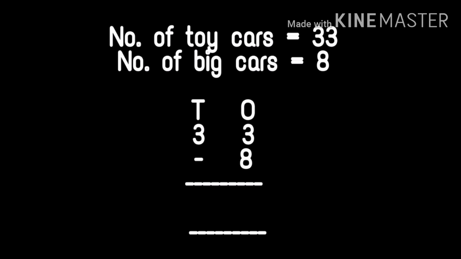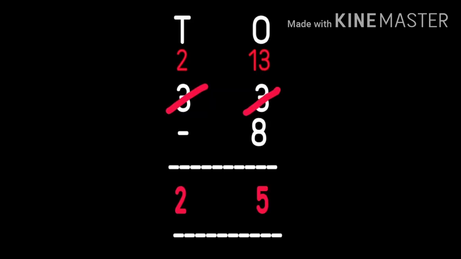Now children, we will find the difference. Look at the ones digit. 3 minus 8. Can we subtract 8 from 3? Is it possible? No. Then what will we do? We will knock the tens gate and borrow from the tens. Now 3 will become 2 because we have given 1 ten to the ones digit, and the 3 will become 13.